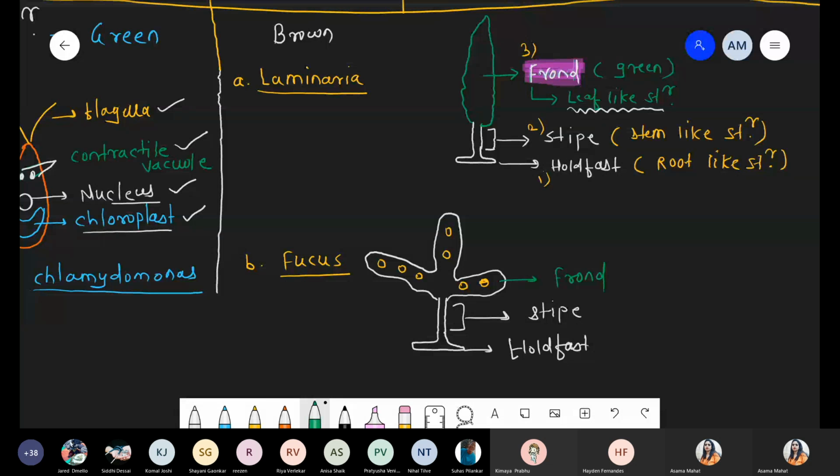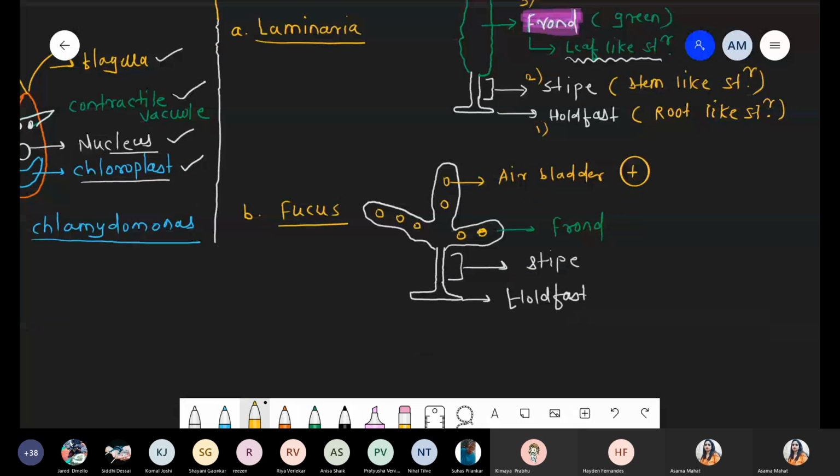But there is a unique property with respect to Fucus: there is the presence of air bladders. Air cavities, or simply air bladders, are present in Fucus. Now the third example we are talking about is Dictyota, same under the brown algae.